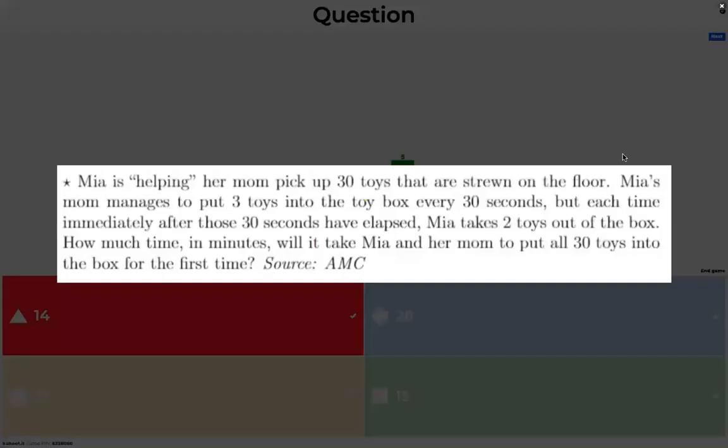So that's interesting. Keep in mind that it says how much time will it take them to put all 30 toys into the box for the first time.